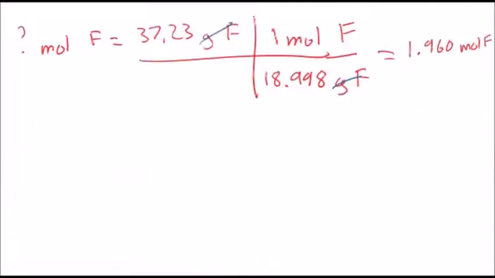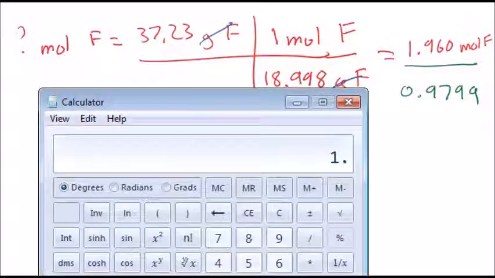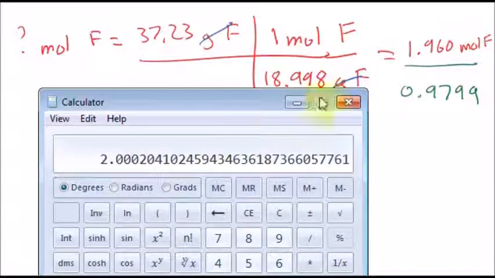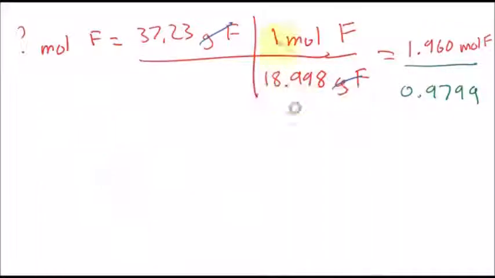And here we have 1.960 divided by 0.9799, and I'm getting 2 again. It's very close to 2. It's not exactly 2, but it's very close to 2, so you can just take it as 2.